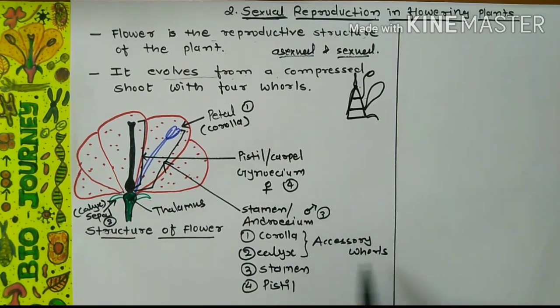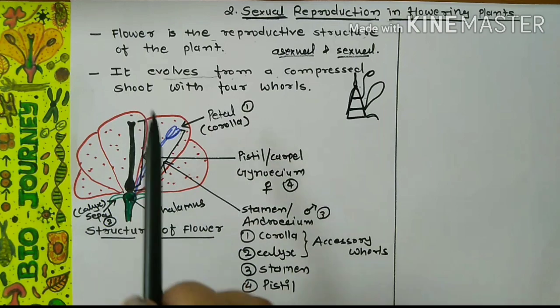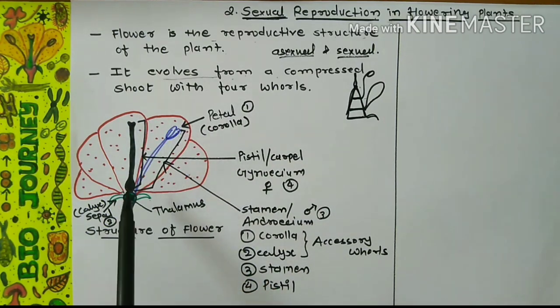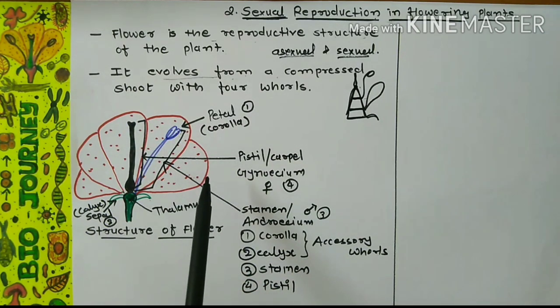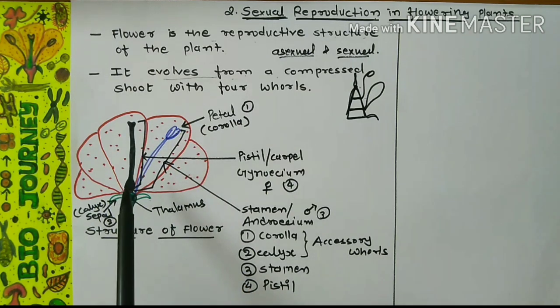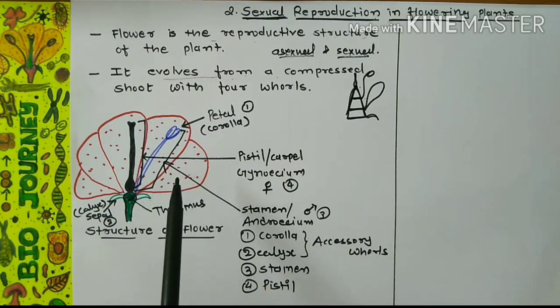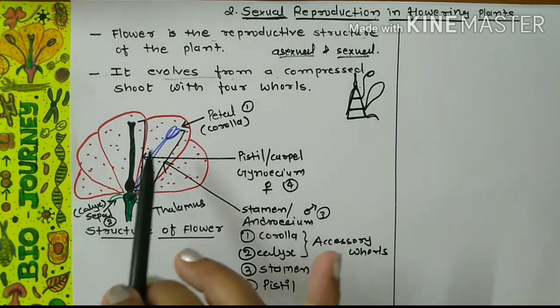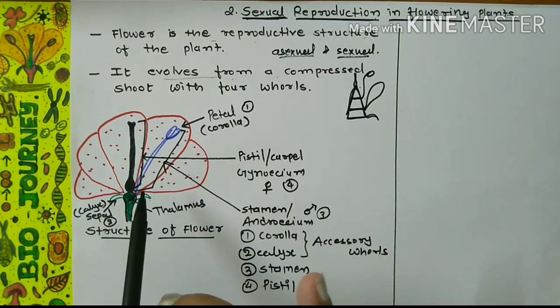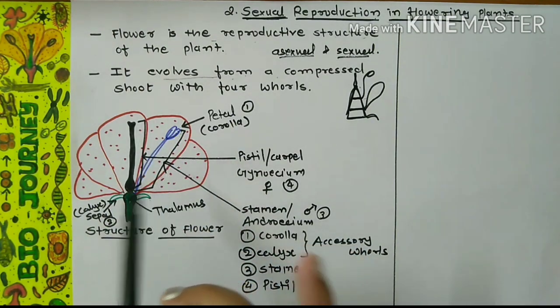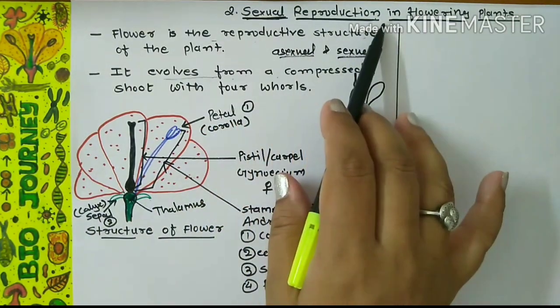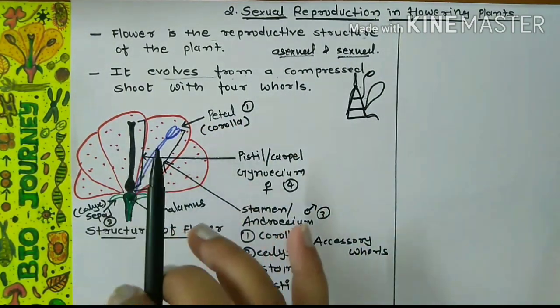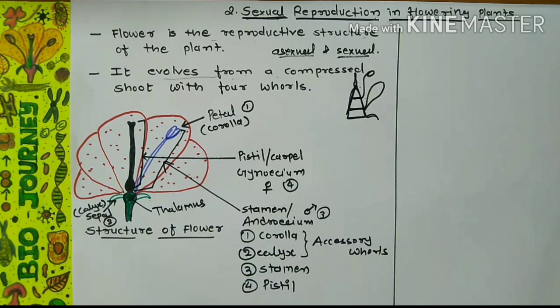Why are they known as accessory rolls? Suppose we take the corolla. It has colorful petals, and because of the colorful petals, birds and insects are attracted to it. So they are indirectly involved in the sexual reproduction process by pollination.